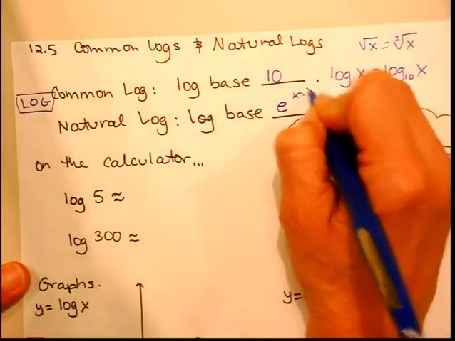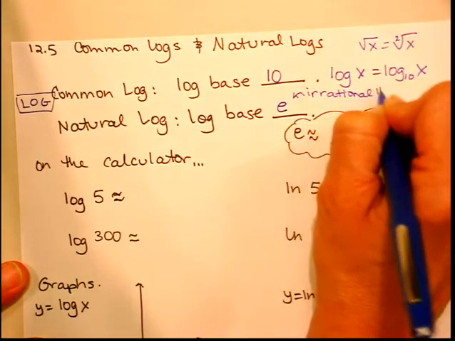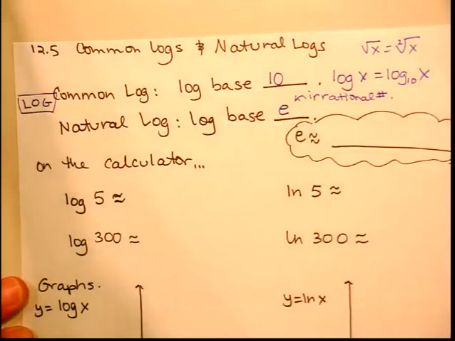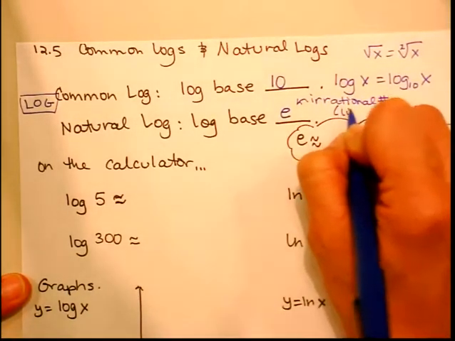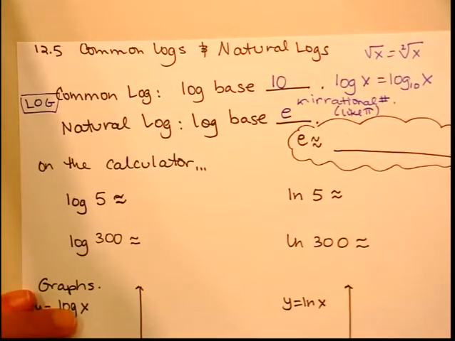E is an irrational number, meaning that it can't be written as a terminating decimal. It's one of those numbers that goes on forever, kind of like pi. So if you thought pi was the number 3.14, well, it goes a little bit farther than that.